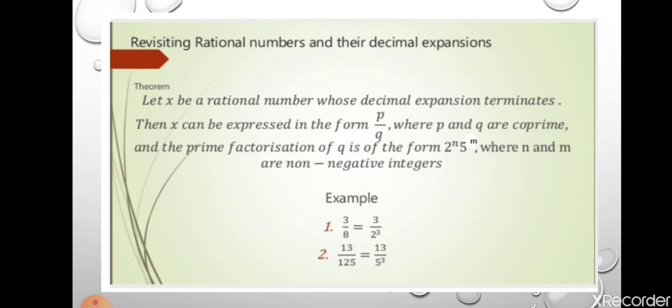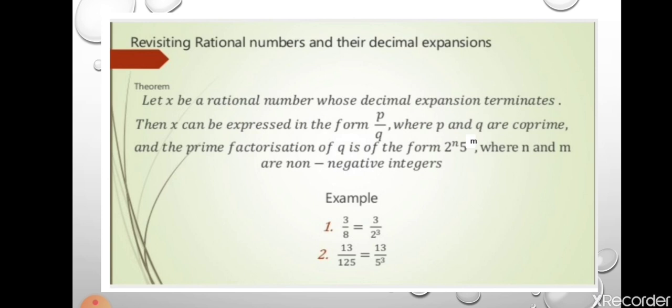And the second one is we have to convert the denominator into its prime factorization, of the form 2 raised to the power n into 5 raised to the power m. That means the prime factorization of q is of the form 2 to the power n into 5 to the power m.